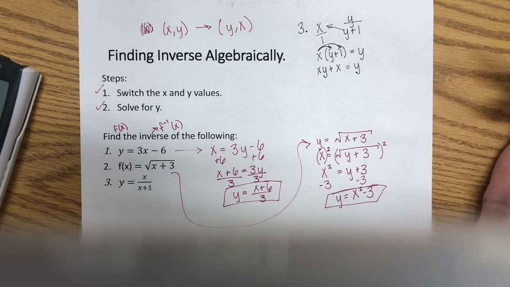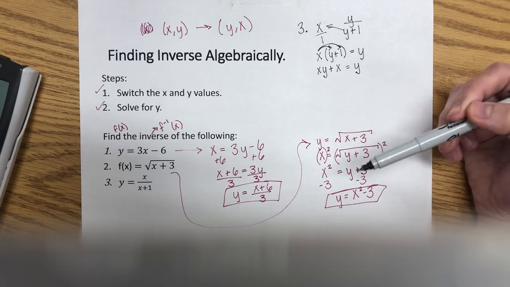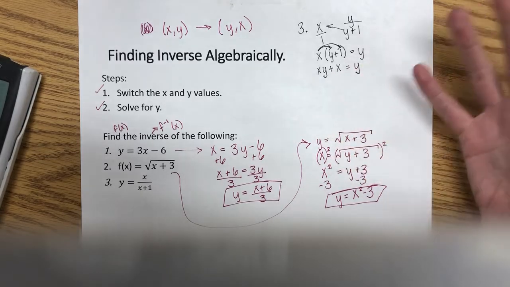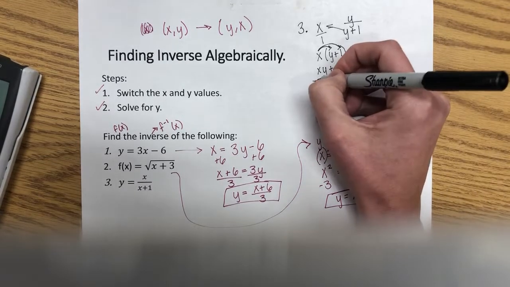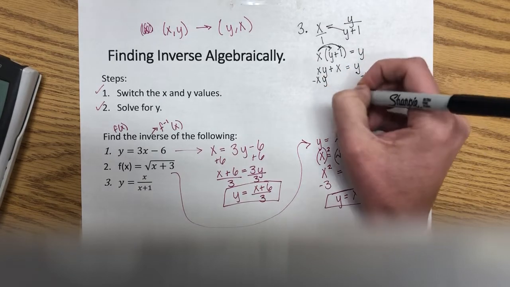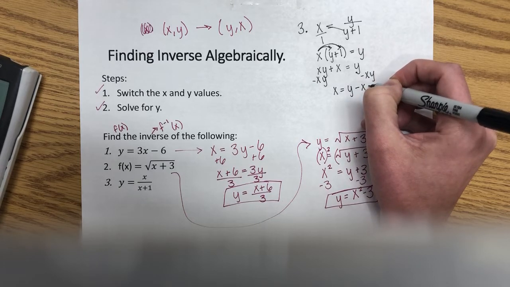All right, so the next thing we want to do, we have 2 terms with y, and so we want to get both of those to one side and everything else to the other side. It doesn't matter which side. So I'm just going to subtract this term xy over. And we have x equals y minus xy.